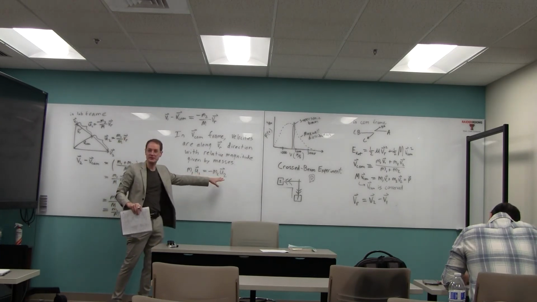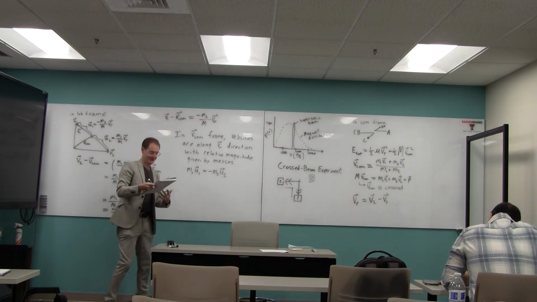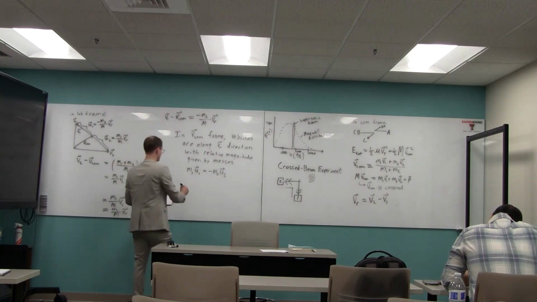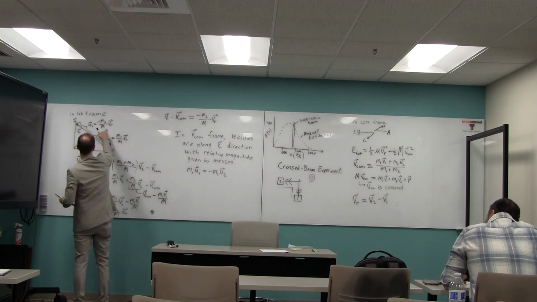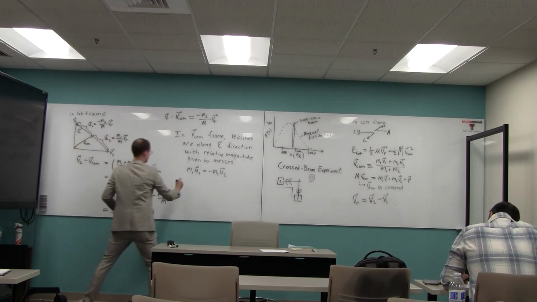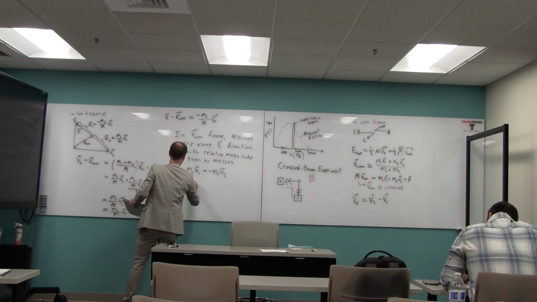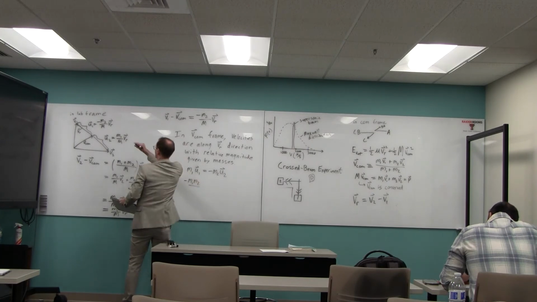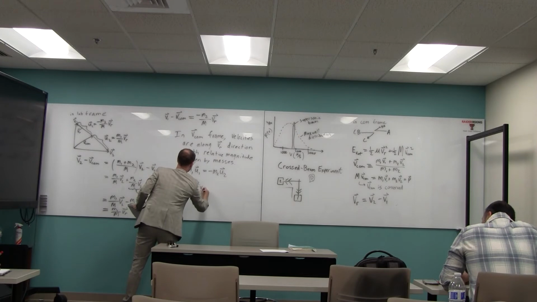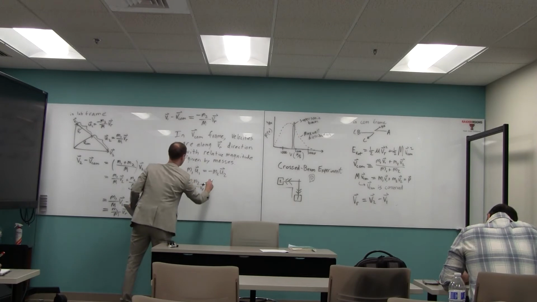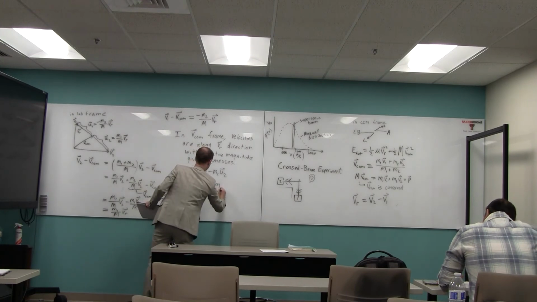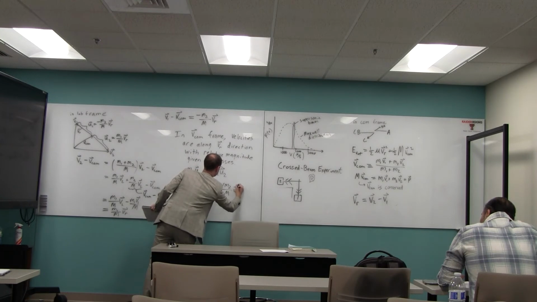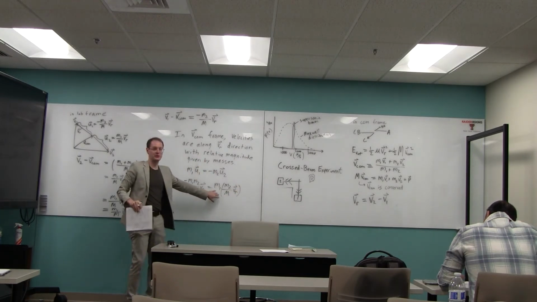So the momentum in the center of mass frame is 0. And it's easy to see that, right? Because if you take u1 and multiply it by m1, then you're going to get minus m1 m2 over m times vr. And this one, you're going to get m1 times m2 over m times vr. And you can see that these quantities are equal and opposite.